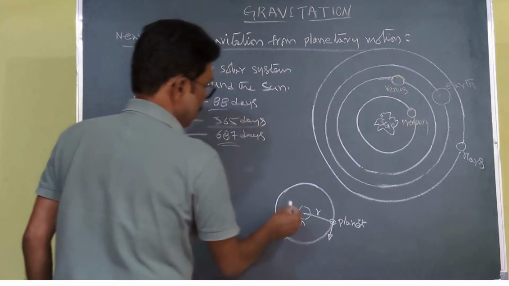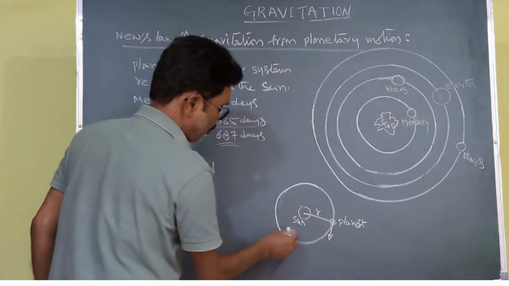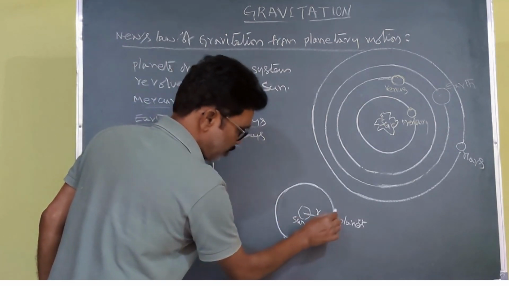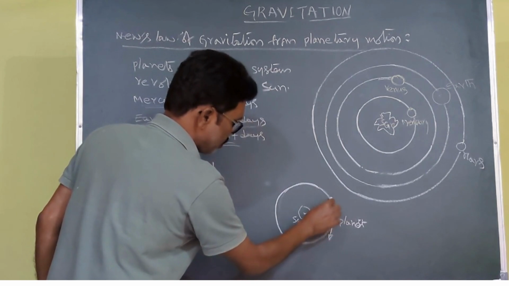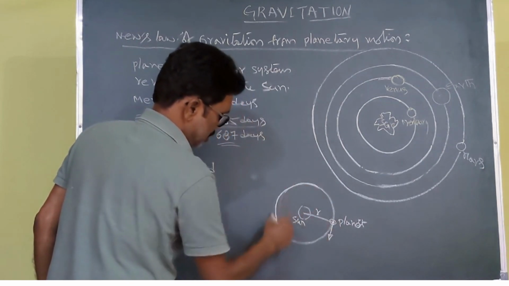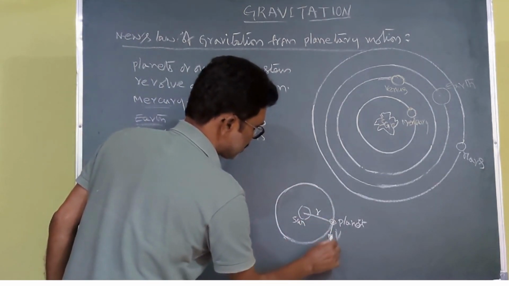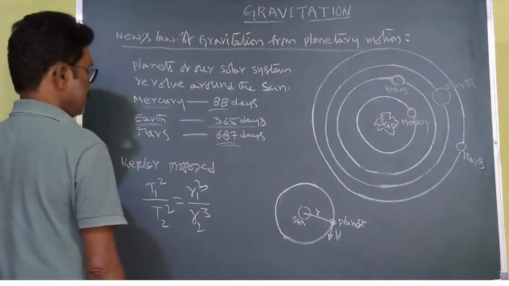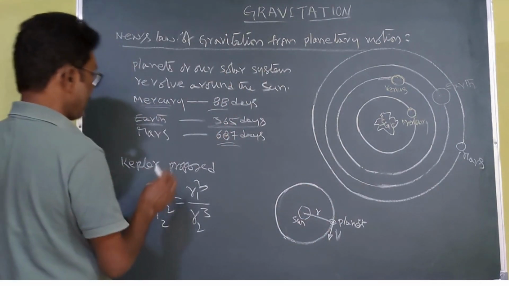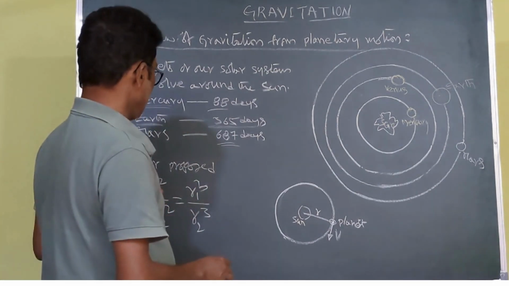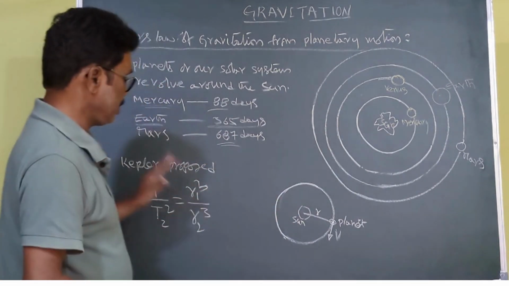Here I have separately developed a diagram. Here is the sun, and a planet is rotating in this circular path, with this velocity. So Kepler proposed the relation between the time and the radius.